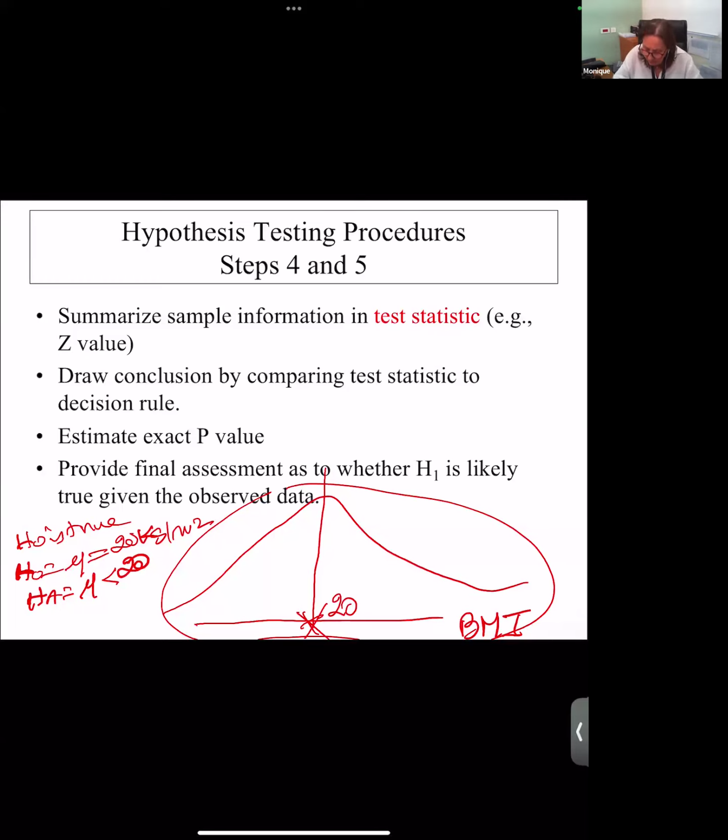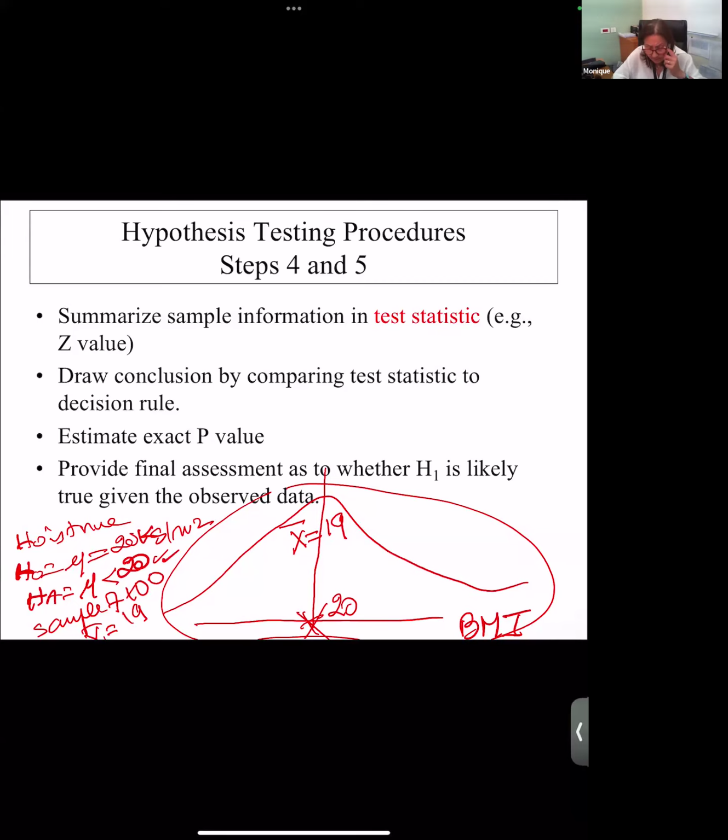And then when you collect your X bar, your X bar is here. We took a sample of 100, and X bar is 19. So what would I say? Would I say that this 1 kilogram means that HA is true?